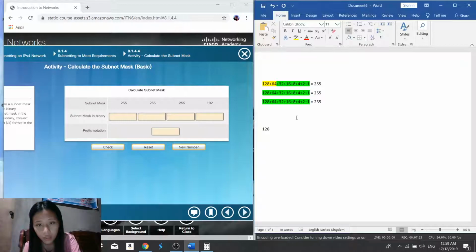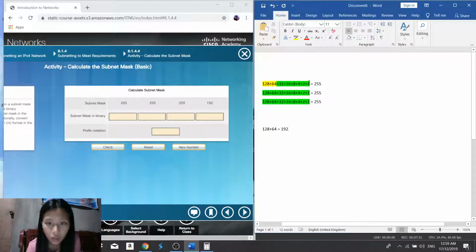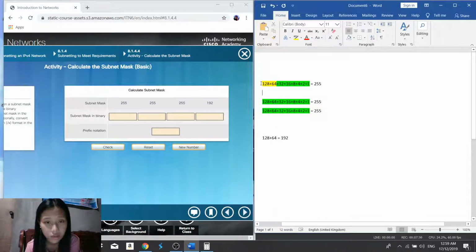So 128 plus 64 has a total of 192. We don't need to add the other numbers to get the 192, because if you already get it with the first two numbers, then you can just put that. As you can see, for this example it is the 192.